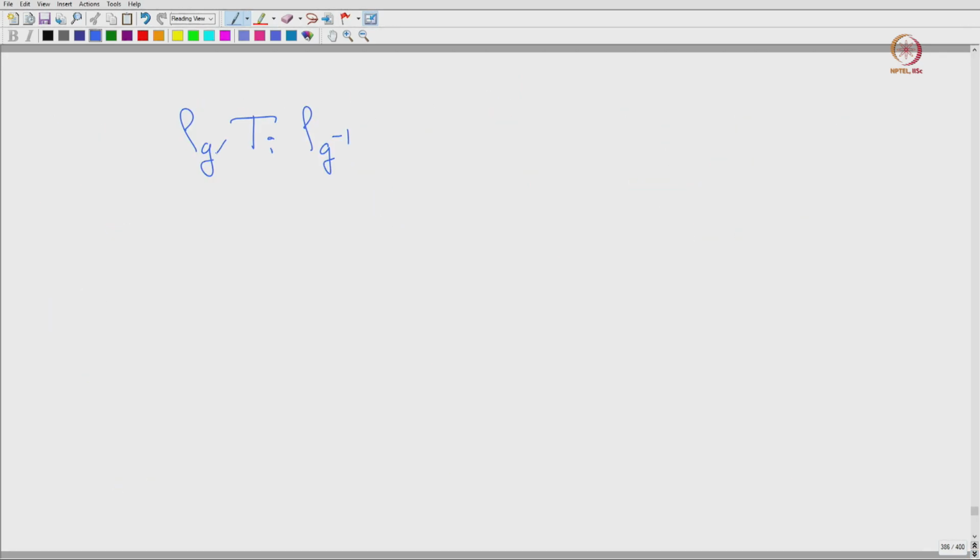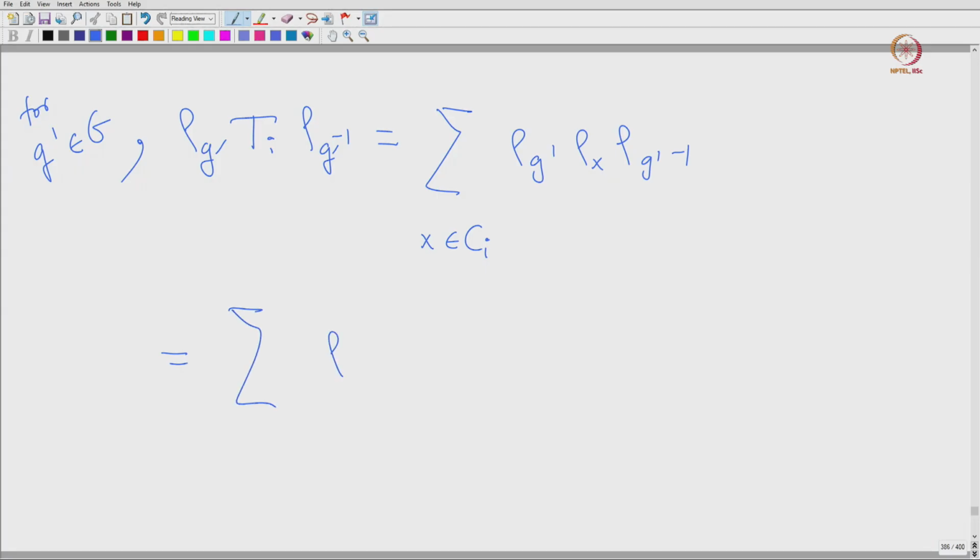Let us use rho G dash Ti rho G dash inverse for G dash in G. We want to prove that this is exactly Ti, but this by definition is going to be rho G dash rho x rho G dash inverse, x in Ci. So then this is exactly equal to summation of rho of G dash x G dash inverse, x in Ci.